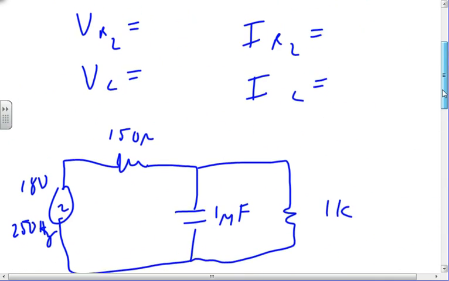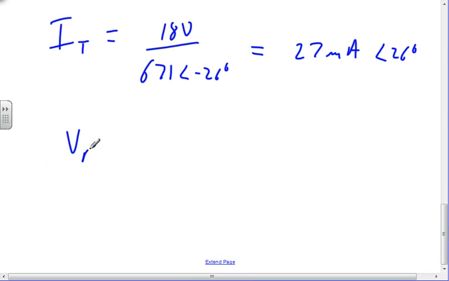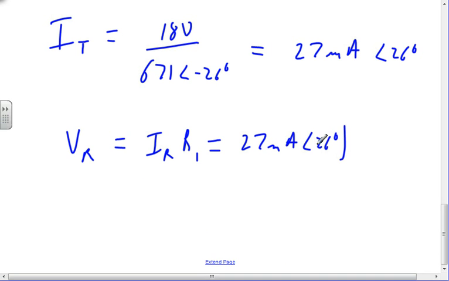Okay, now we're going to find the voltage across resistor 1. So the voltage across resistor 1 is going to be the current through resistor 1, 27 milliamps, angle 26 degrees, times 150.